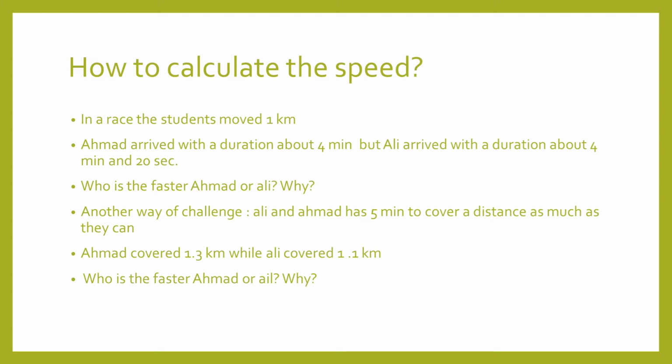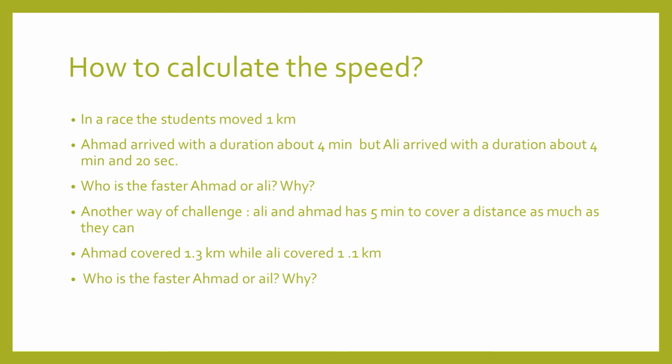For sure Ahmad, because he covered 1.3, greater than the distance of Ali. So Ahmad covered more than Ali, so Ahmad is the fastest. So also the distance is an important factor with respect to the speed.